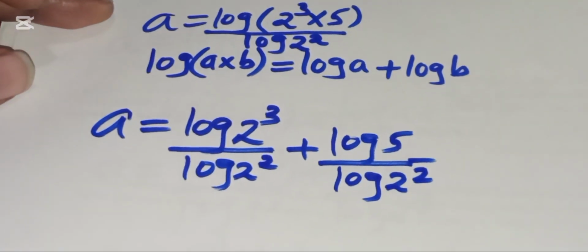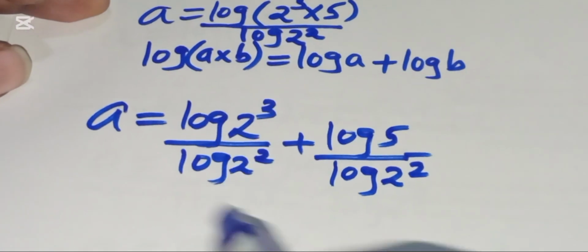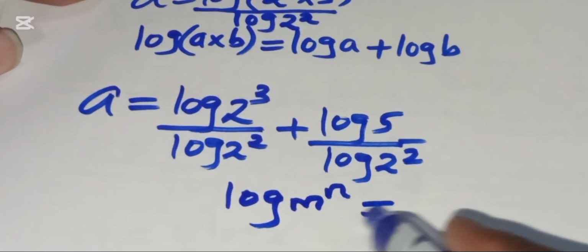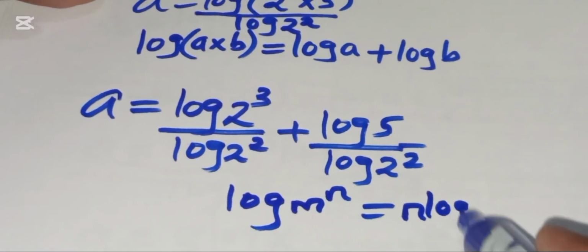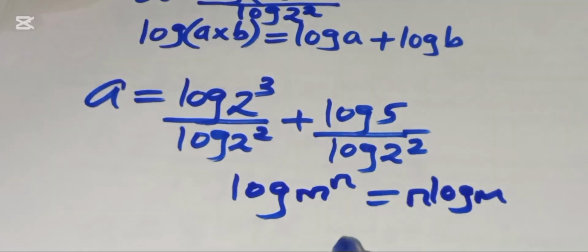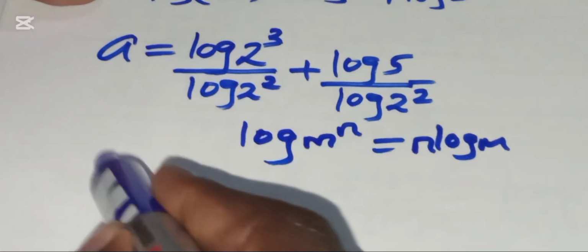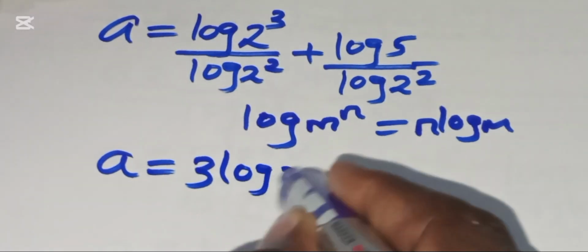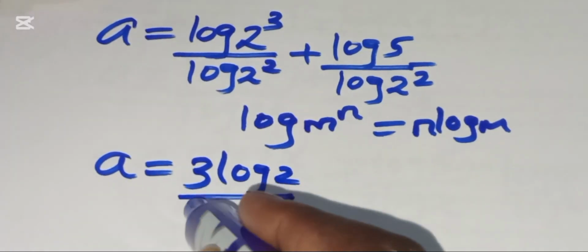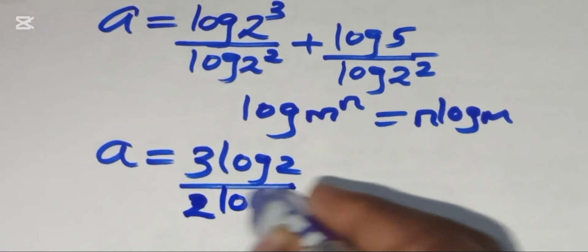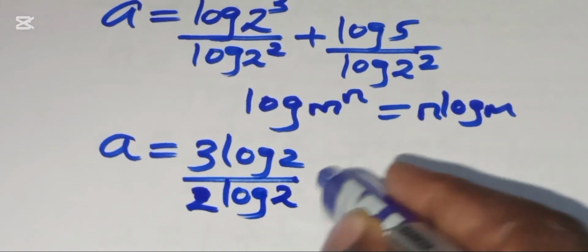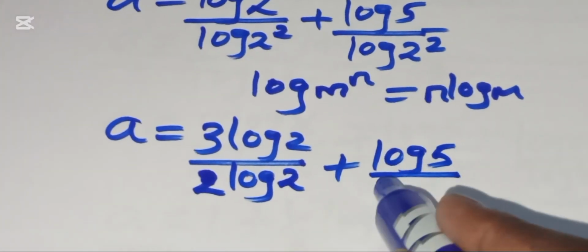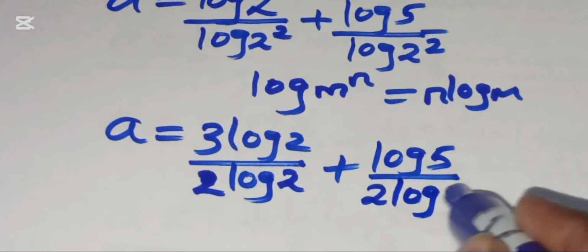Now applying the power rule, log m raised to power n can be expressed as n log m. Now a is equal to 3 log 2 divided by 2 log 2 plus log 5 divided by 2 log 2.